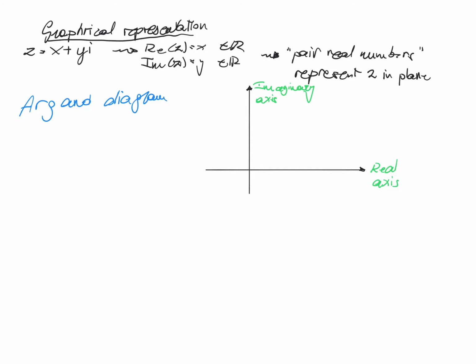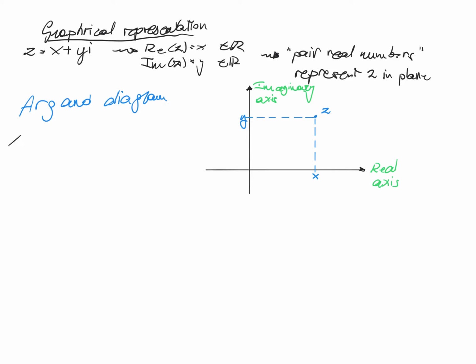If we then plot the complex number z in the Argand diagram, so in this plane, we see that the real part of z is x, so this is the value that z will have on the x-axis. The imaginary part is y, so this is the value that z will have on the imaginary axis.